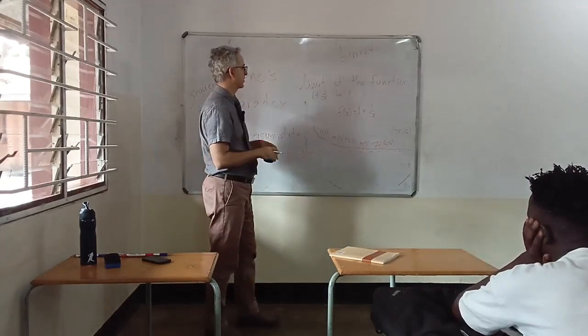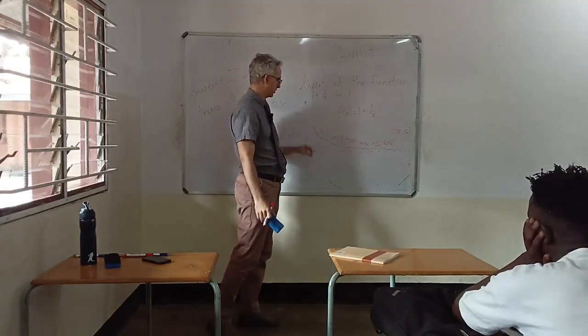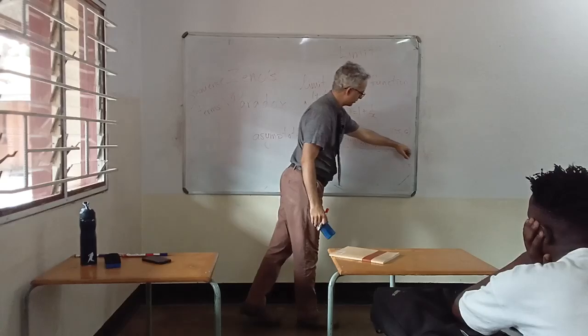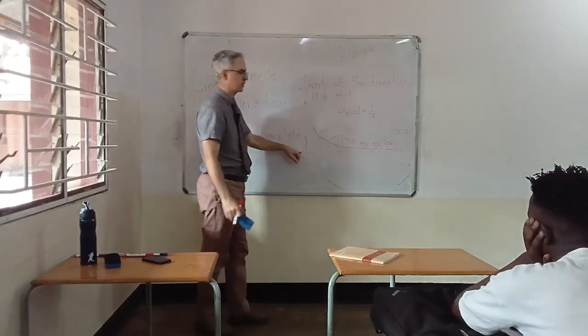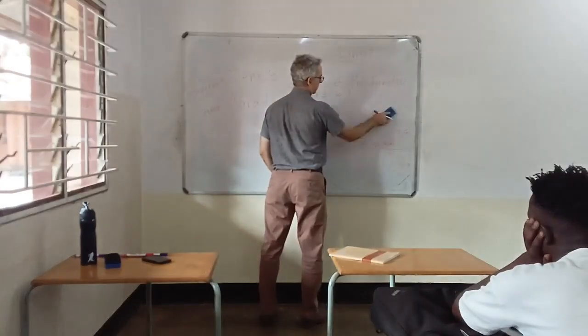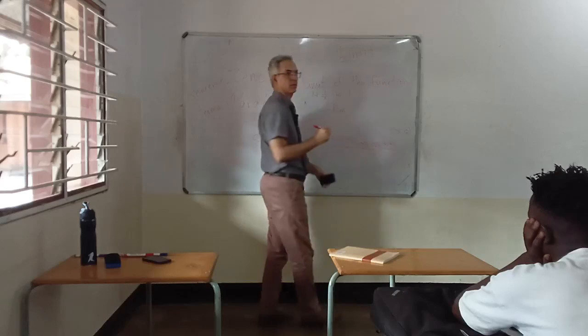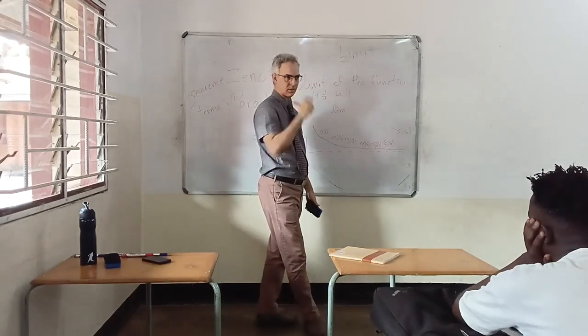The limit of the function 1 plus 1 over x is 1. This function will get closer and closer to the line y equals 1. And we write that like this.